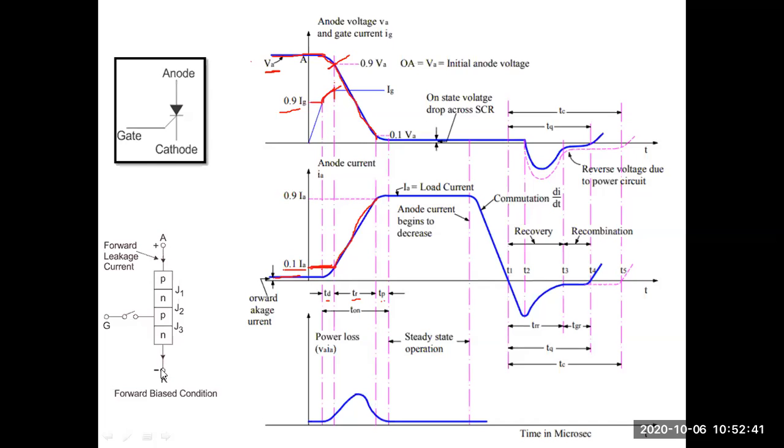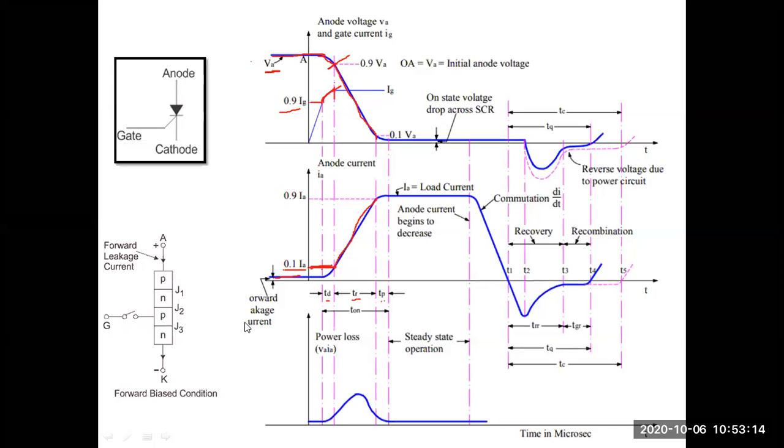After that there is no need of any gate current, because it is a very minimum current which is required to turn on the switch. Once the switch is completely closed, the gate current is not at all helpful in controlling the current or any parameter. Once the switch is completely closed, it is no more able to control the switch.